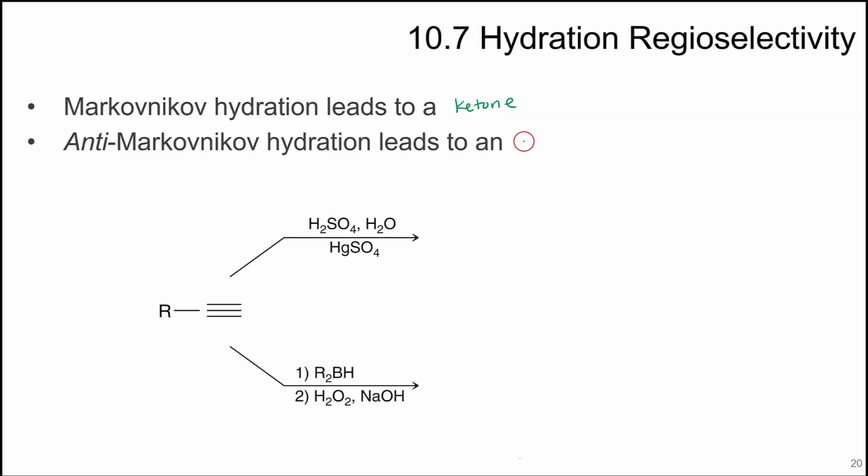And the anti-Markovnikov will lead to an aldehyde. So in this reaction with the sulfuric acid, water, and mercury sulfate, we'll get a ketone. This R2BH can be the 9-BBN or the diisoamylborane. We will get an aldehyde.